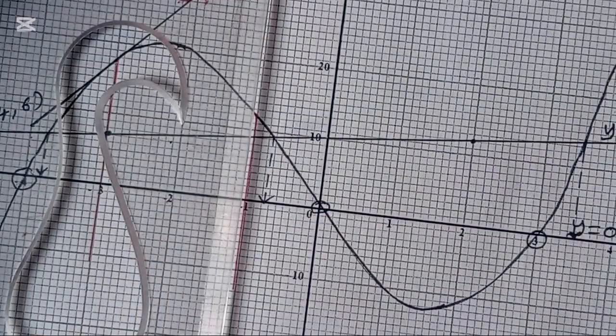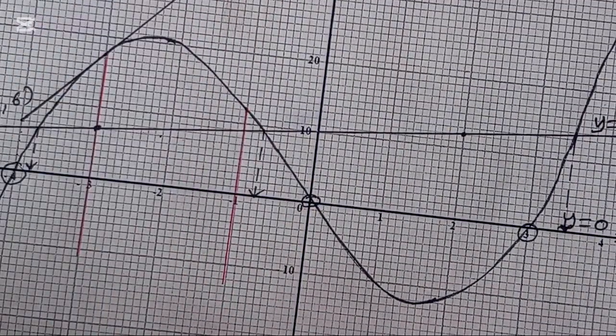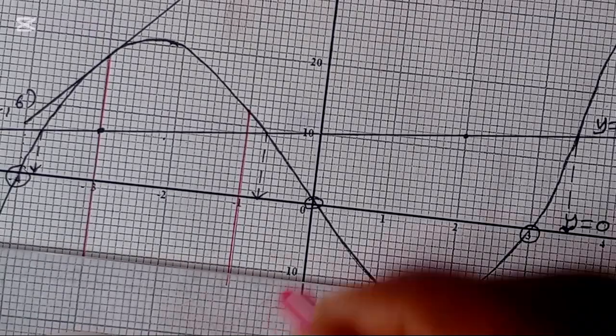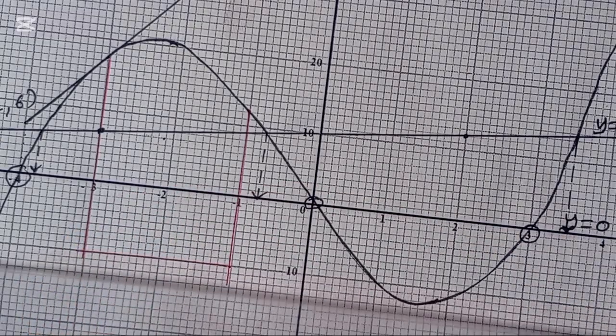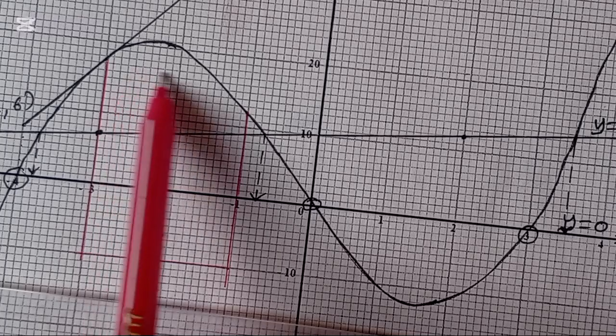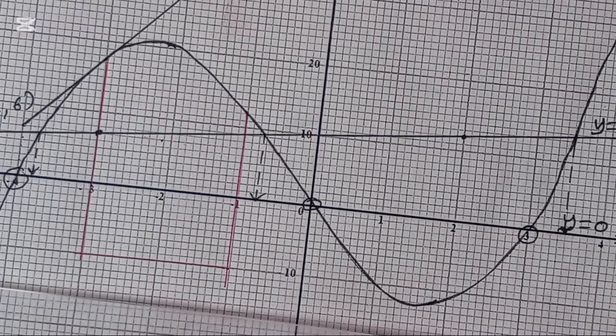So the boundary is the curve. And the last one is y is equal to negative 10. So this is where y is equal to negative 10. So the area bounded by the curve, this is the area that we are talking about. Depending on the method, that is very easy for you.